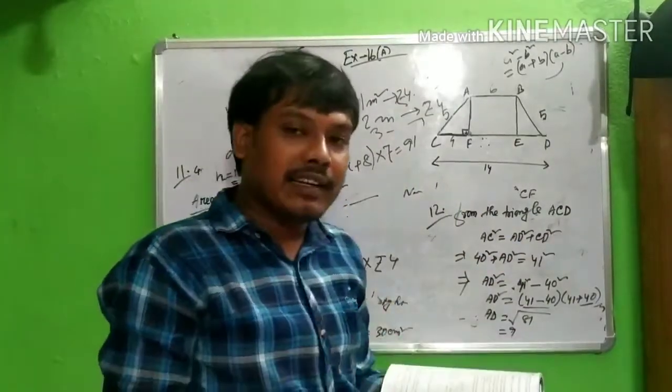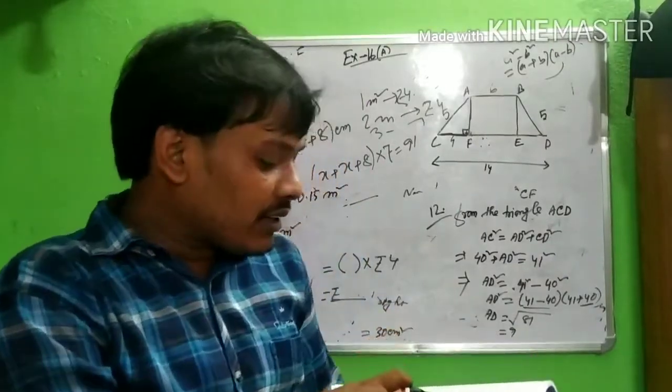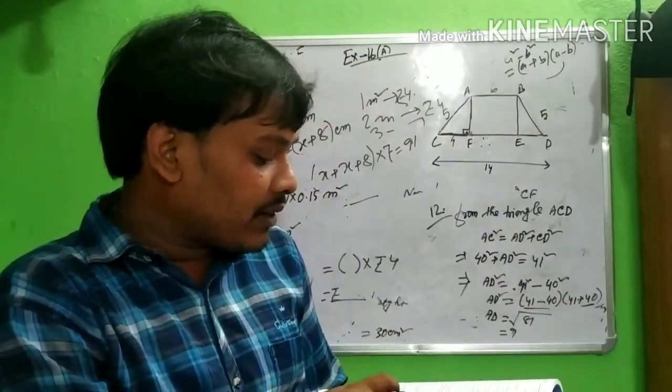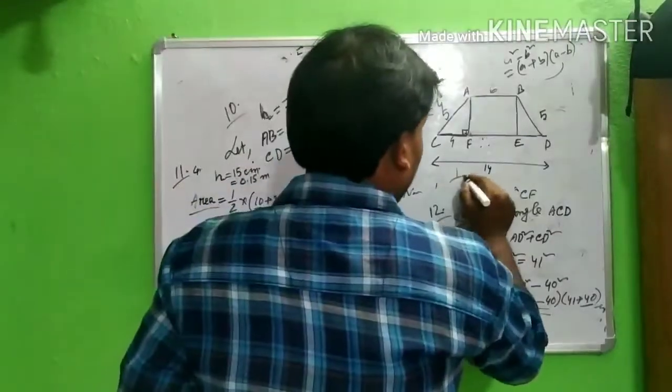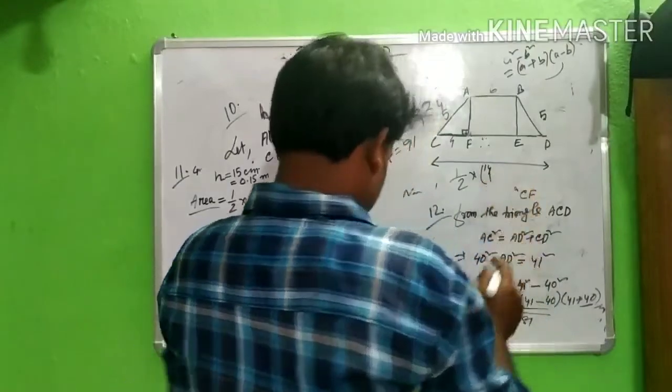Now you can use the formula. The value of height is 9 and the parallel sides are 15 and 40 centimeter. So what is the result?